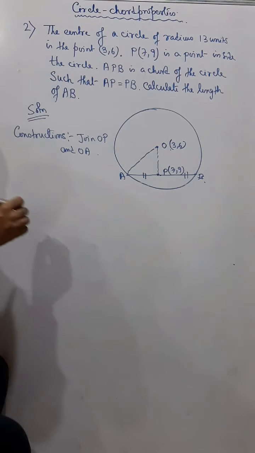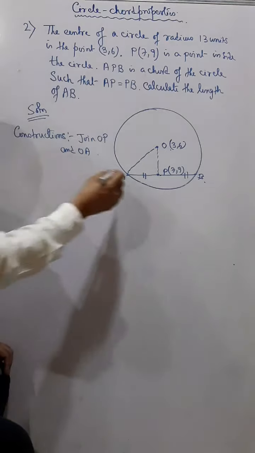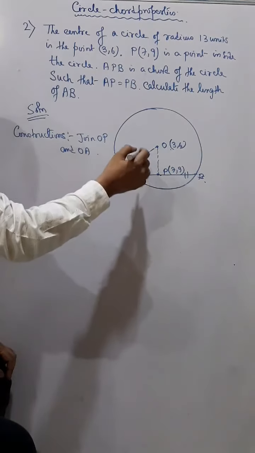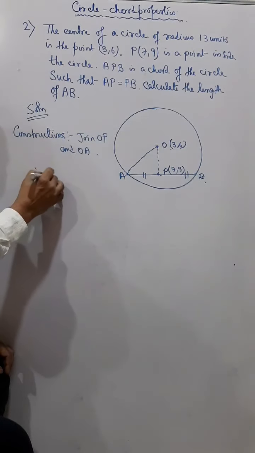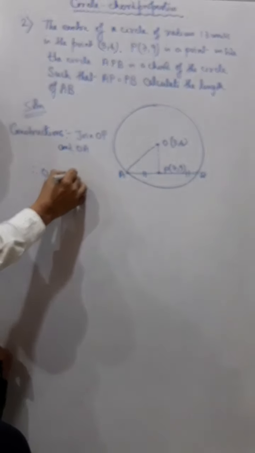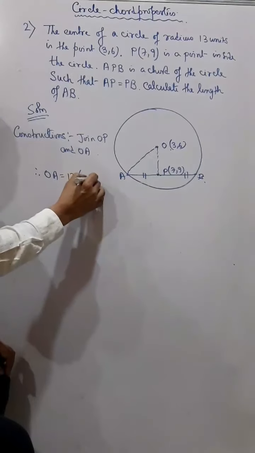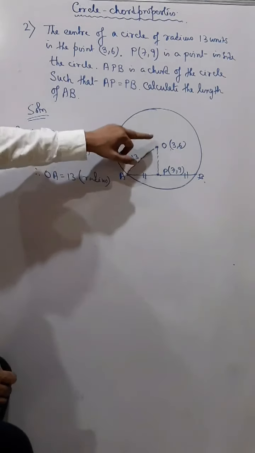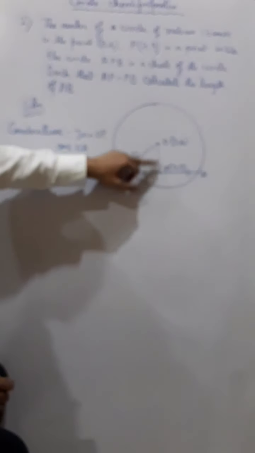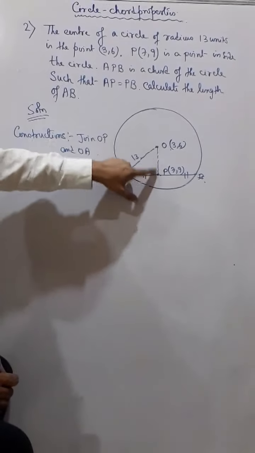Now first of all, we have to find AB. In fact, we know the radius as 13, so that means we can say that OA is equal to 13 units, that is the radius. So this is 13, and you can see here we know the coordinates of O and P, so we can use the distance formula.